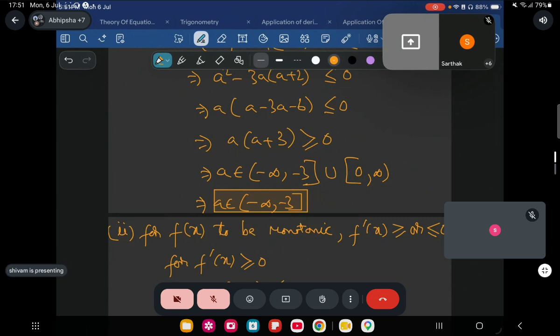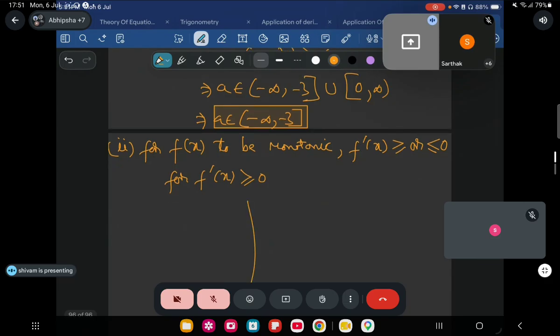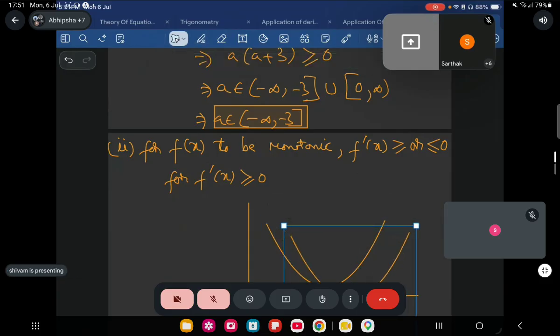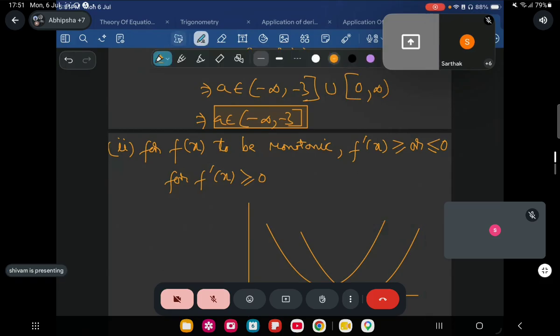Wait a minute. No, no, no. I'm making a mistake. For f dash x greater than or equal to 0, two things can happen. One is it just touches, and another one is it is just above. These two cases are possible.